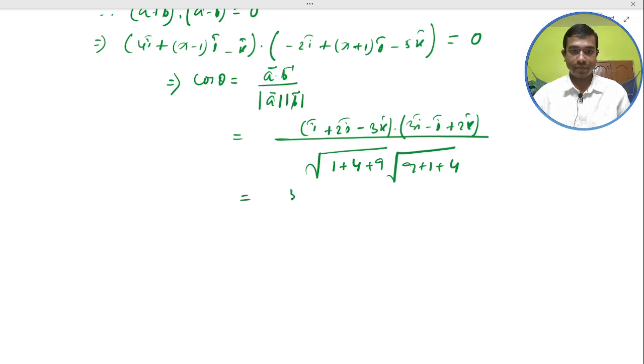So this would become 3 minus 2 minus 6 divided by root 14 into root 14. So that would become minus 5 by 14.